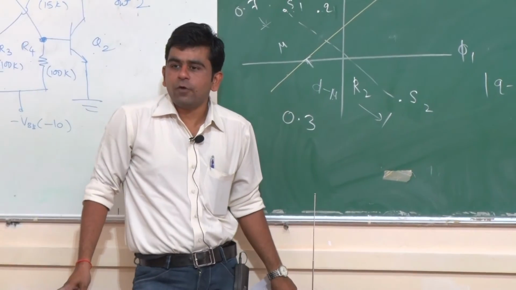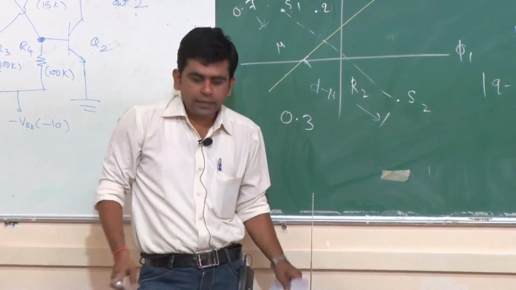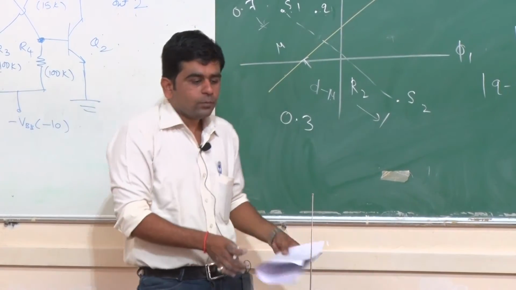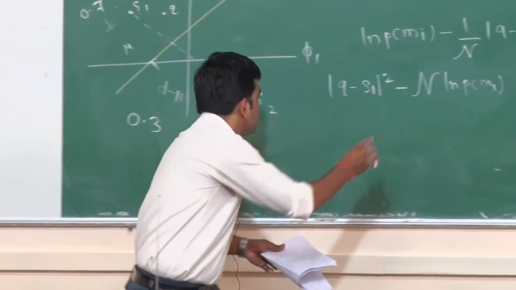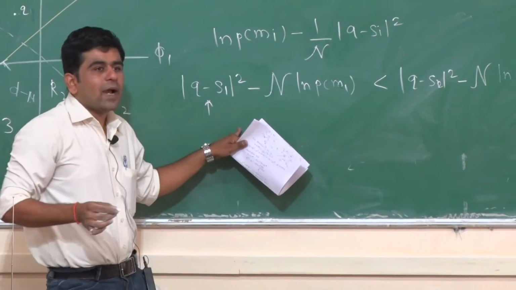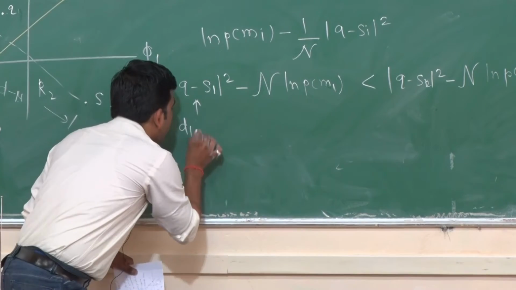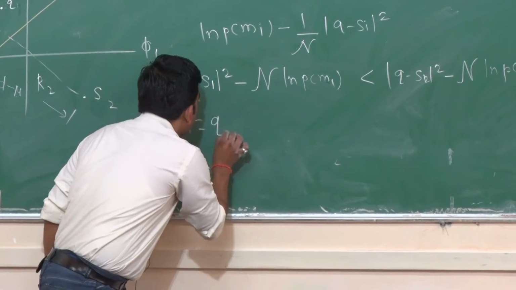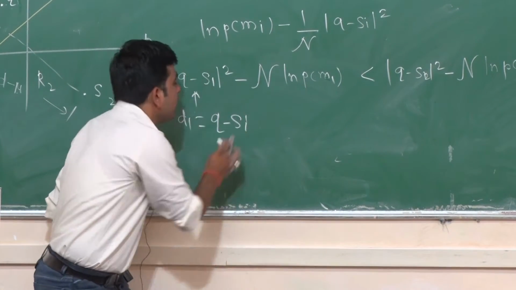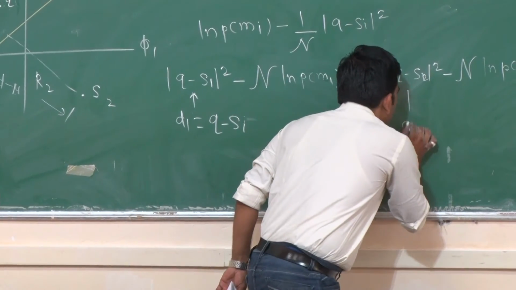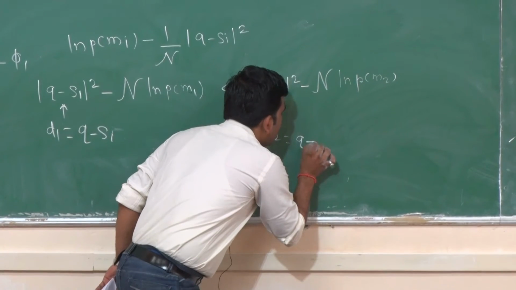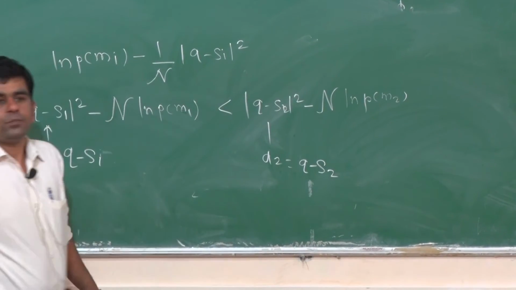The decision is M1, otherwise M2. Write down, otherwise M2. So here we take d1 equal to |q minus s1|, and d2 equal to |q minus s2|.